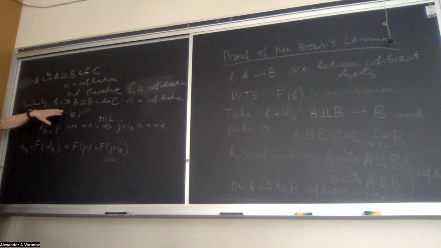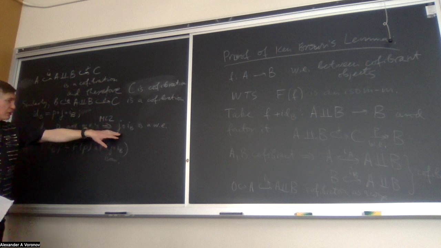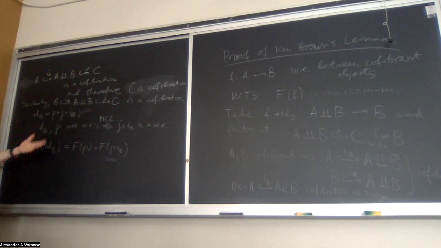Then let's study this composition of this morphism from B to C with E. So now we know that it goes this way. It's a result of identity. We have equivalences. Therefore, J is also an equivalence. It's also a cofibration. J composed with IB.